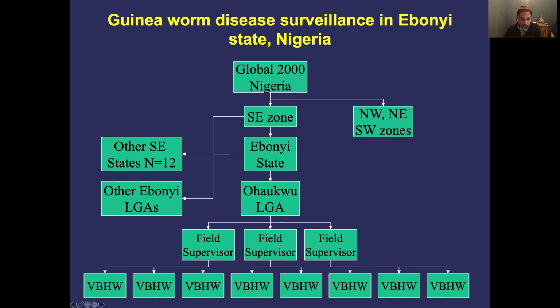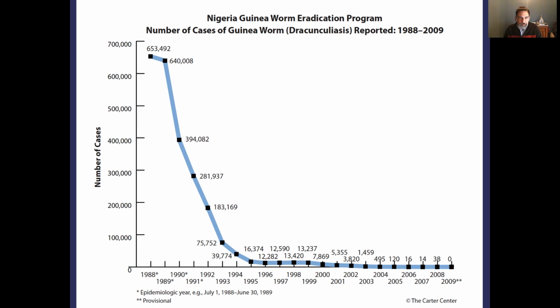There are many villages across the LGA, and the information flowed up the pipeline from the local government area all the way to the state level, and then you can imagine all the other states that were doing surveillance and eradication activities, ultimately to Global 2000 Nigeria, the Carter Center organization that was responsible for running the disease eradication activities for guinea worm in Nigeria.